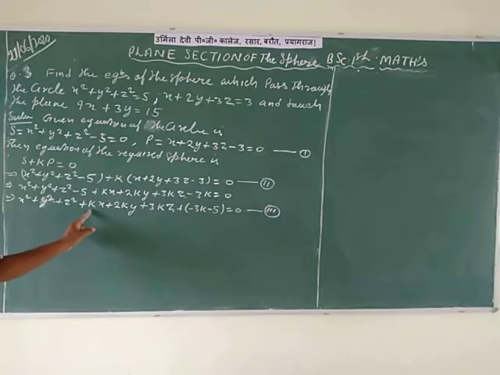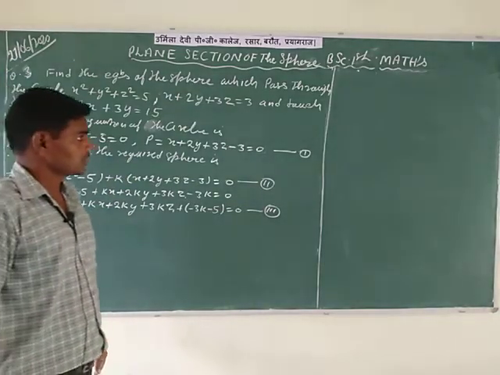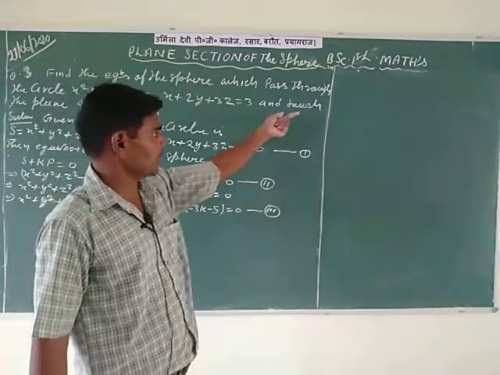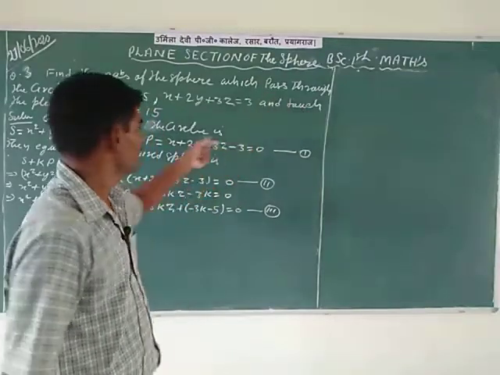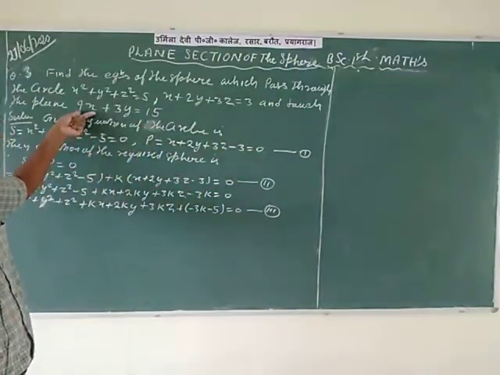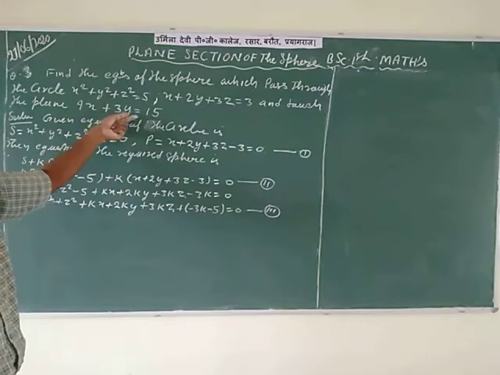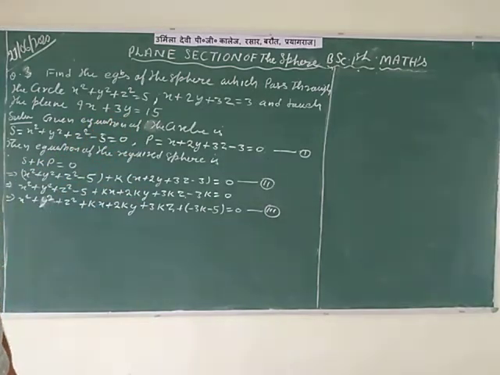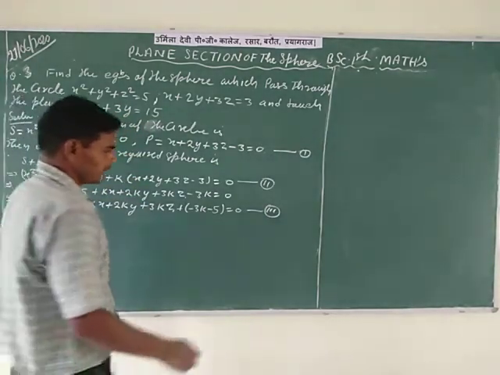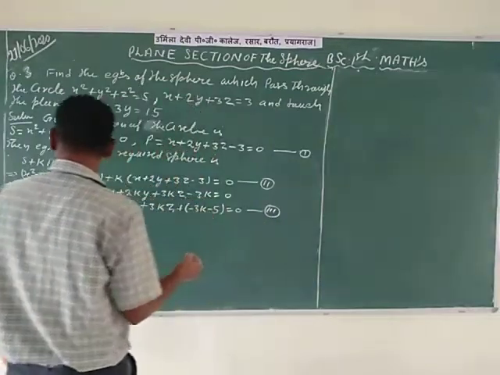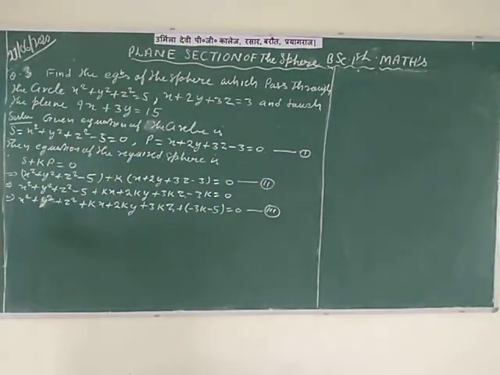So for finding the value of k, apply the next condition given in the question. The next condition is that the required sphere must be touching the given plane 4x plus 3y is equal to 15. So here suppose that the third sphere is denoted by S dash.